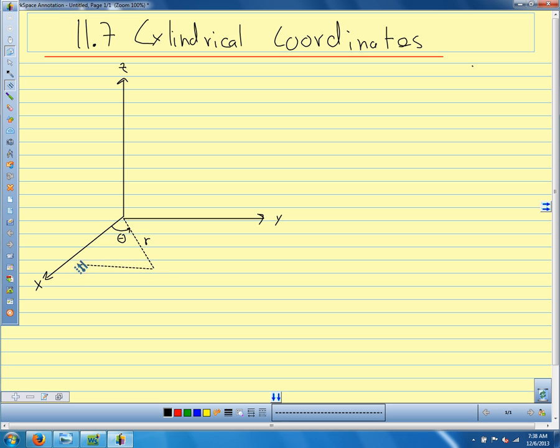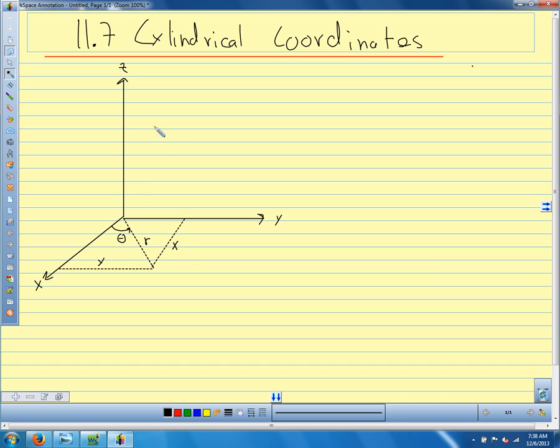If we extend this over to the x-axis and extend this down over to the y-axis like so, this is going to be y and this is going to be x.